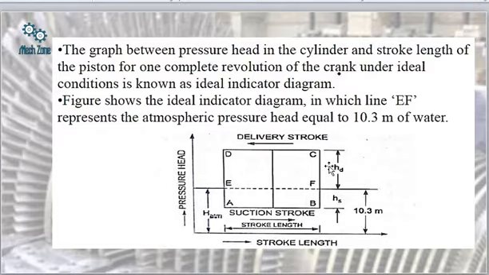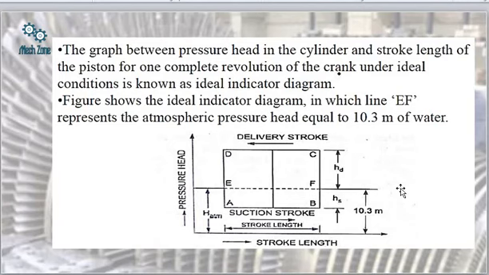HS is the suction head, HD is the delivery head, this is the delivery stroke, and this is the suction stroke. 10.3 meters simply represents the atmospheric pressure. We have already discussed in the fluid mechanics chapter that atmospheric pressure is equal to 76 centimeter of mercury, 760 mm of mercury, or 10.3 meter of water, or 101.325 kilopascal.